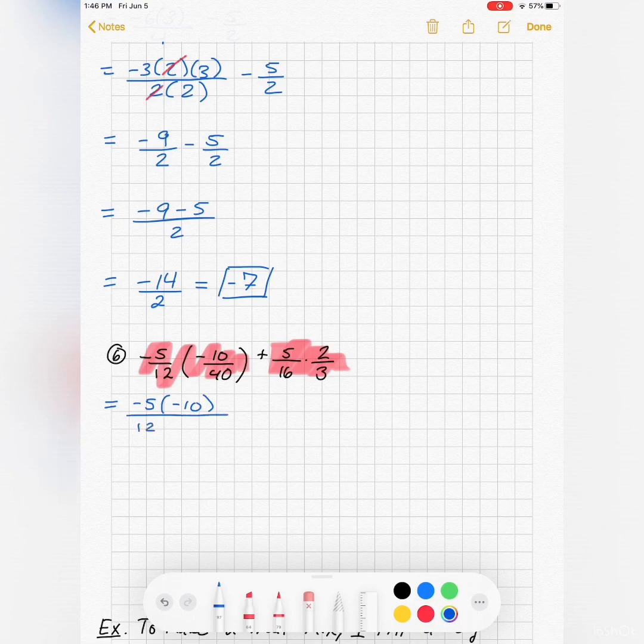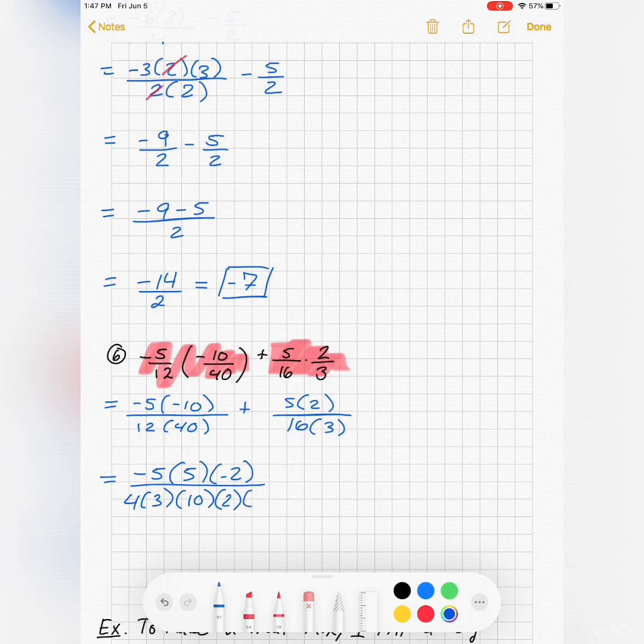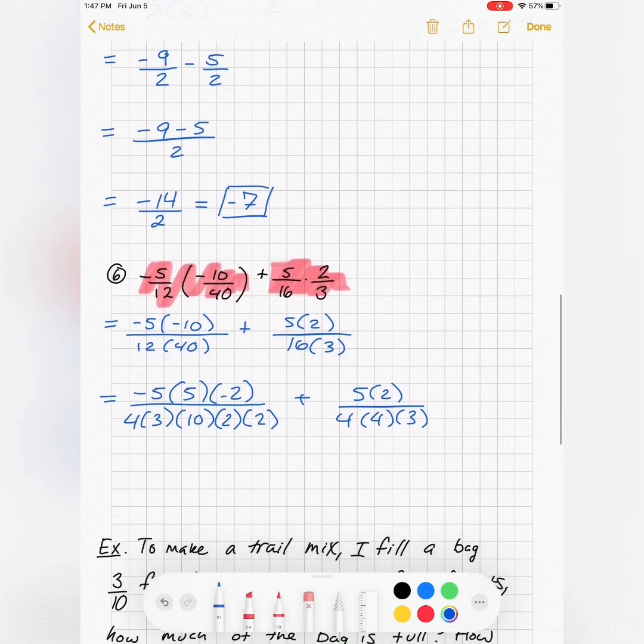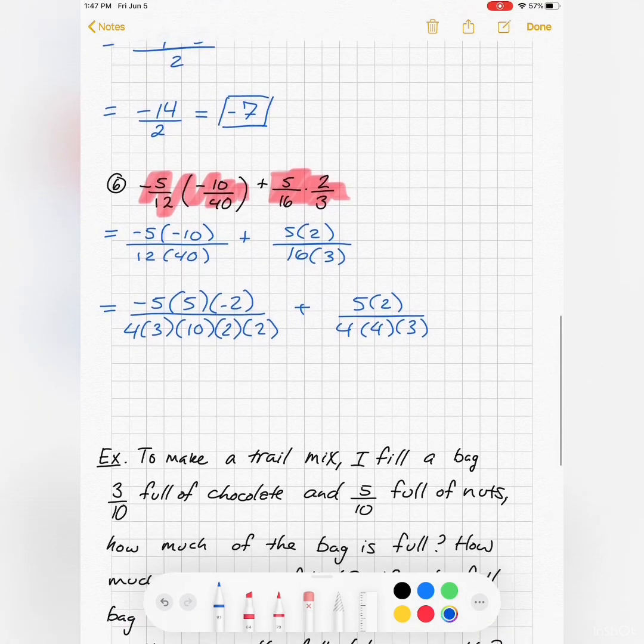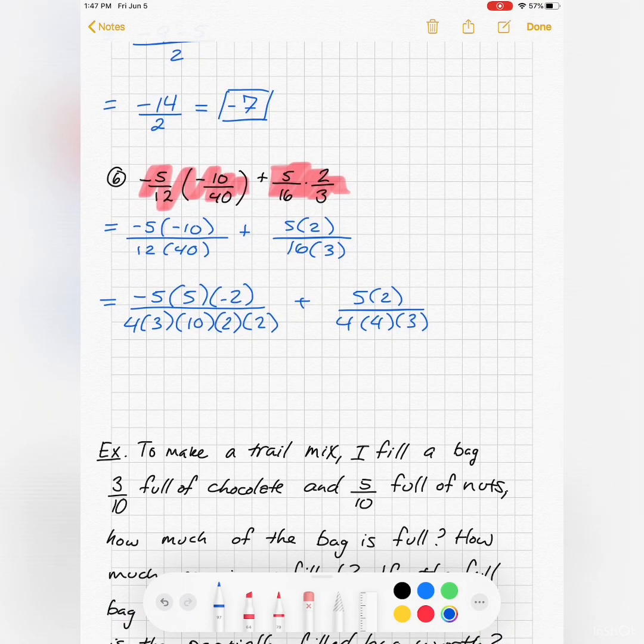So multiply straight across. Then we start breaking up. Okay.